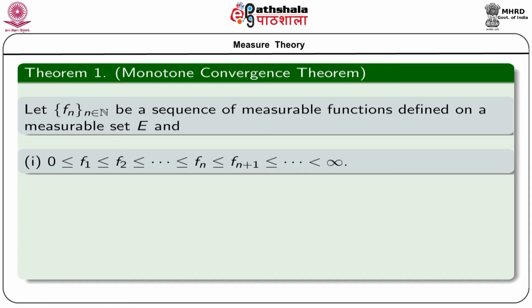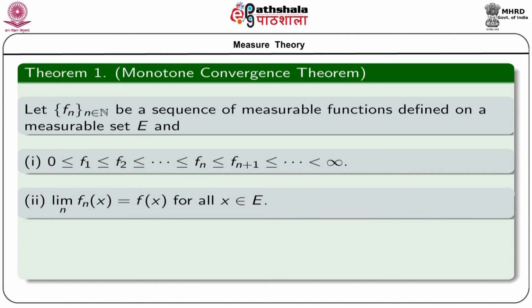So, all the functions are non-negative. We also assume that this sequence Fn is pointwise convergent to the function f, that is, limit n Fn(x) equal to f(x) for all x belonging to E.